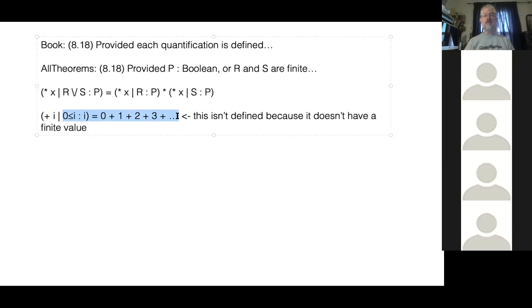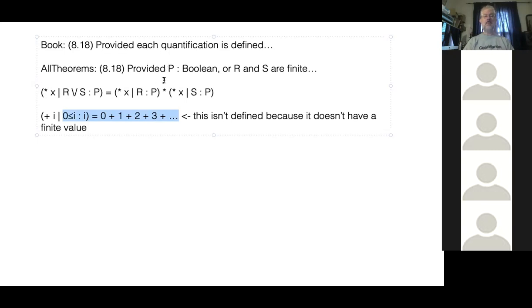If we have infinite ranges, then you have to get into limits and all this calculus stuff, and they just don't want to get into that. So there would be cases you could use 8.18 with infinite R or S if you knew things about the limits, but that really is not what this class is about. So that's how to read this.